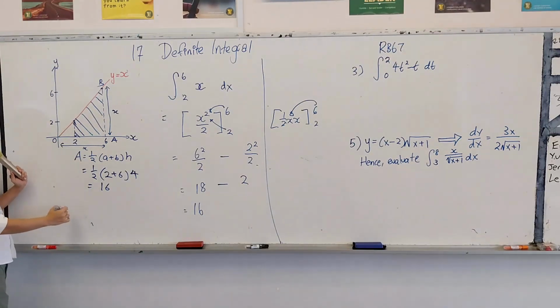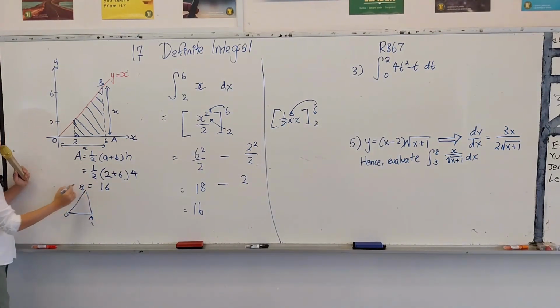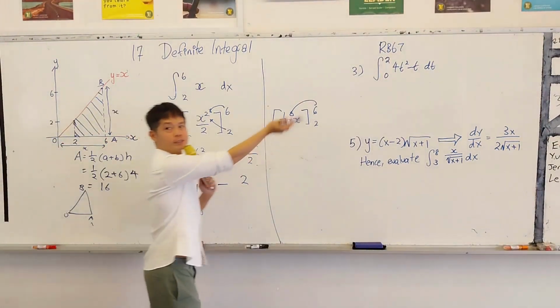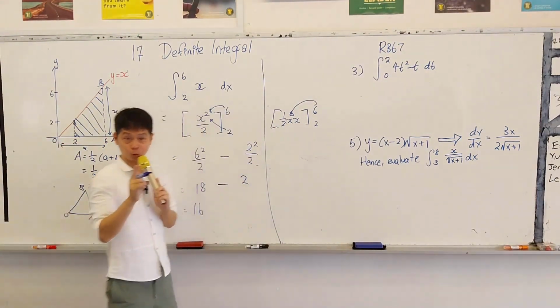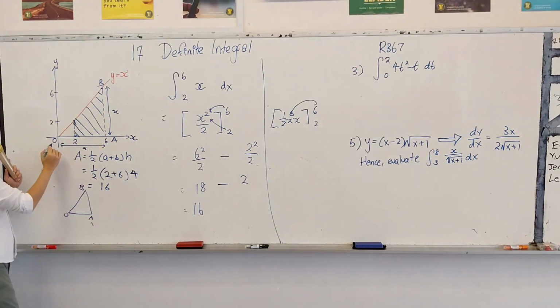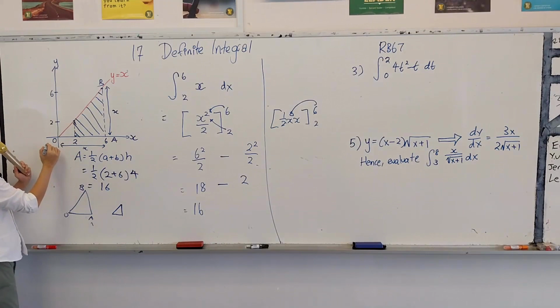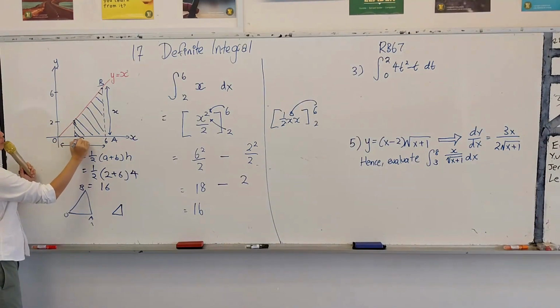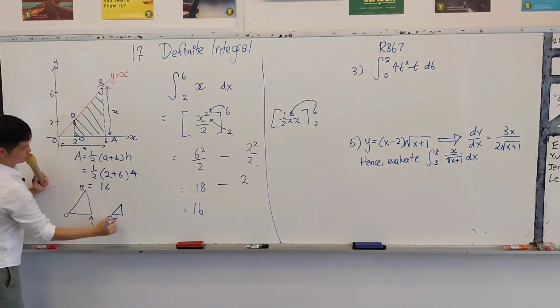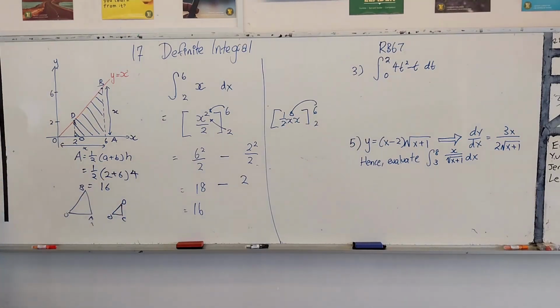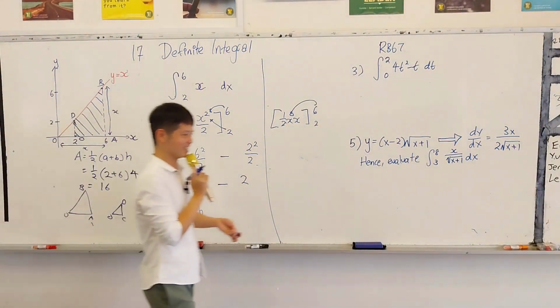So I use the area of triangle OAB, the big one. Now, if I put the 2 inside, it's half times 2 times 2, which is the small area. Let's call this OCD. Now, how do I get the area of the trapezium if I have the area of OAB and the area of OCD?